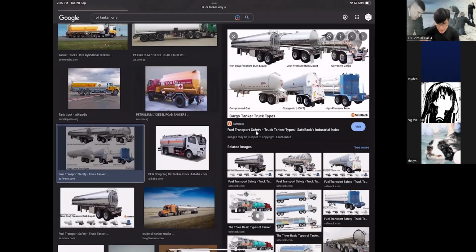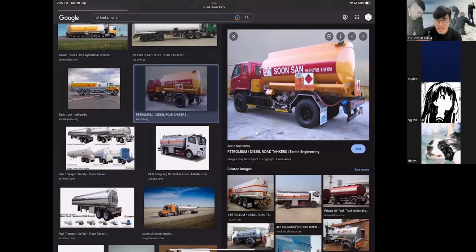So usually, at the behind, can you see there's a sign there? The sign will actually tell you what's inside the tank. This is usually for firemen to see, because if this truck gets into an accident, the fireman will need to come and clean this thing up.